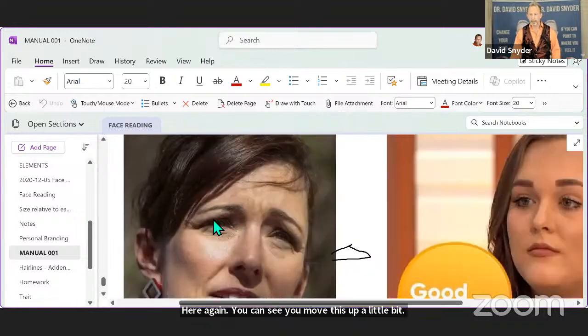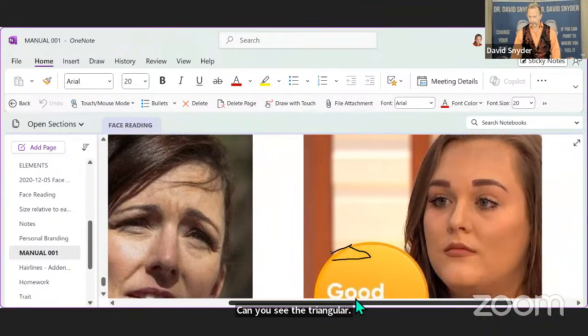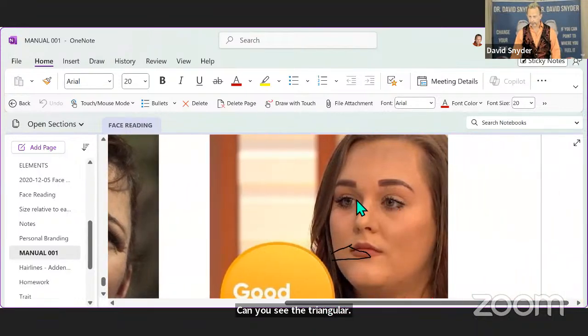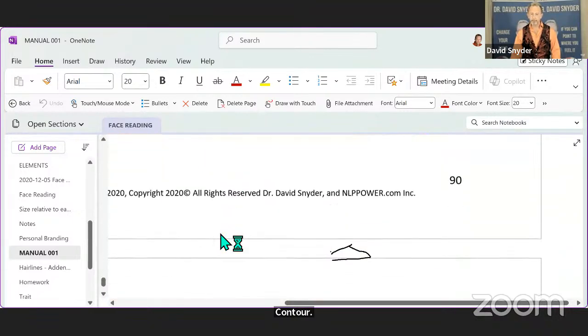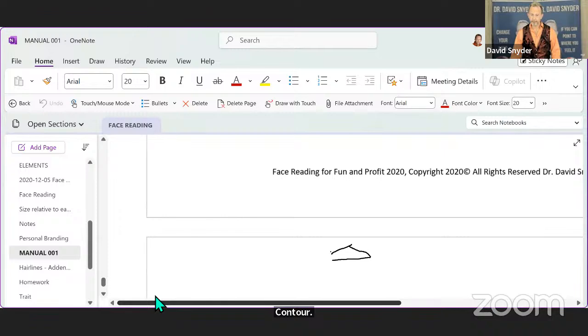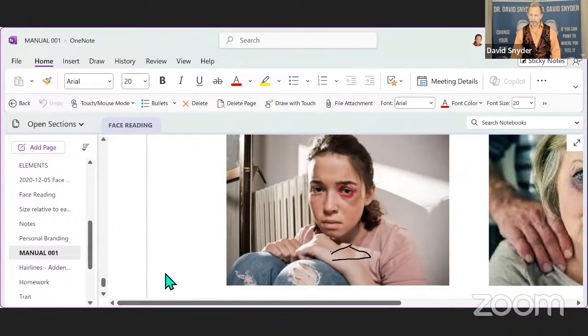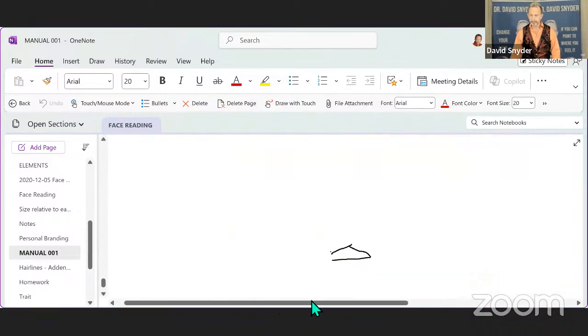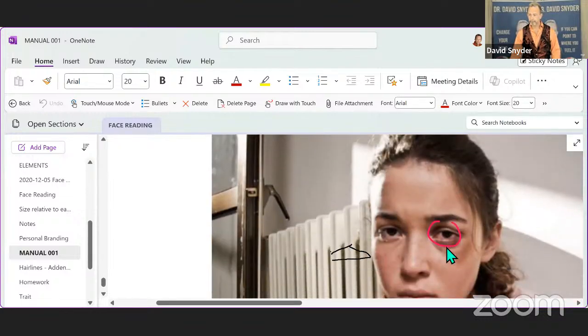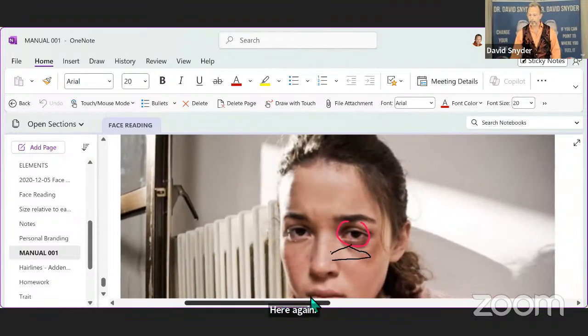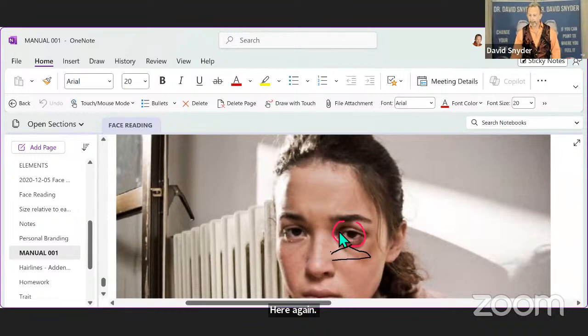Can you see the triangular contour? Here again, notice the triangular pattern in the eye.